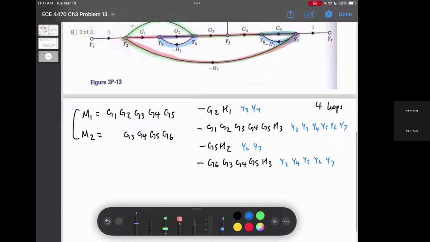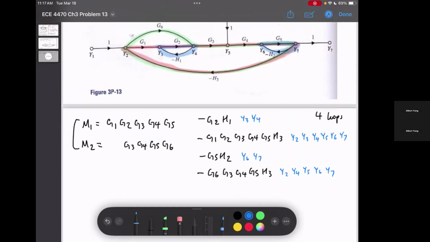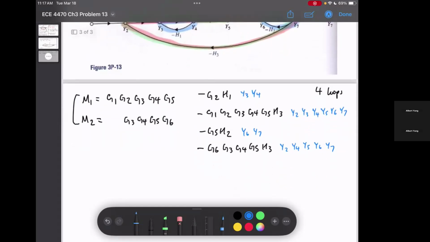Then I think you can actually see it. This one is easier. You can just see that the 2 blue loops are non-touching, but the most efficient way is to compare all these with each other. So let's start at the top, Y3 and Y4. If you see Y3 or Y4 in any of the other ones, then those would not be paired.